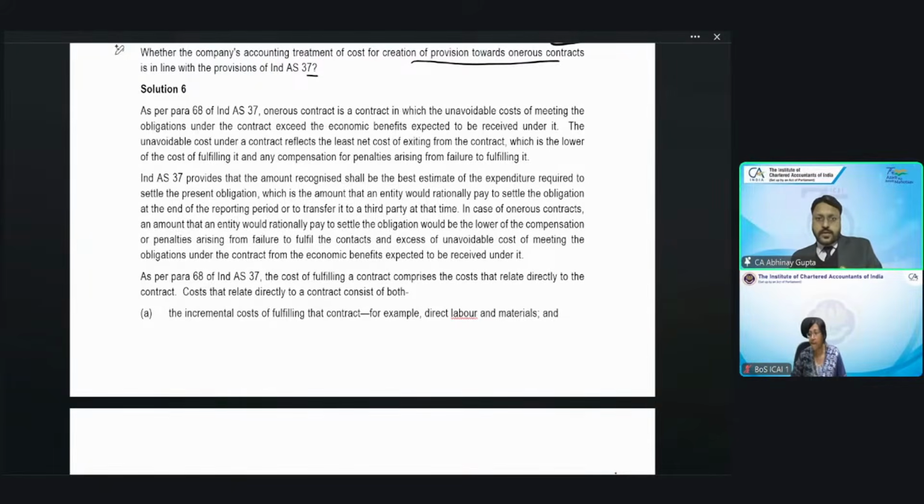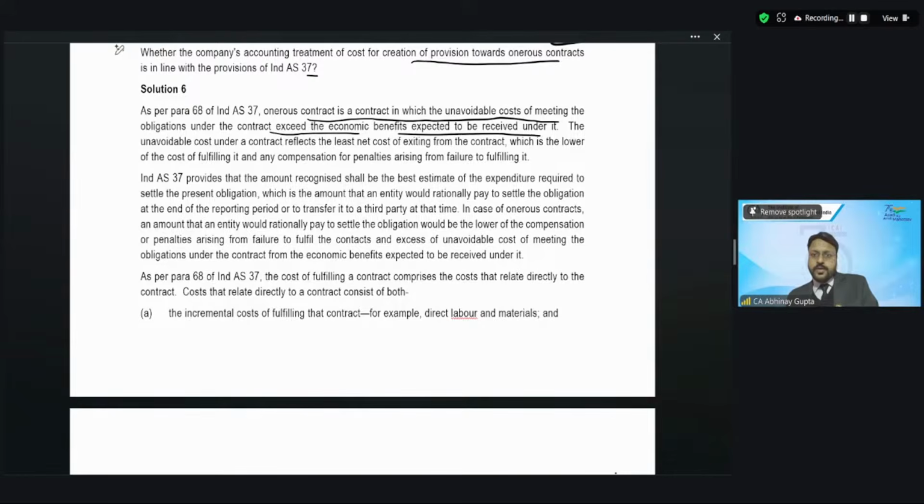So para 68 of Ind AS 37 says onerous contract is a contract in which unavoidable costs of meeting the obligations under the contract exceed the economic benefits expected to be received under it. The unavoidable cost under the contract reflects at least the cost of exiting the contract, whichever is lower, right? Either honor the contract or cancel the contract. Whatever the cost is lower needs to be provided for as a provision.